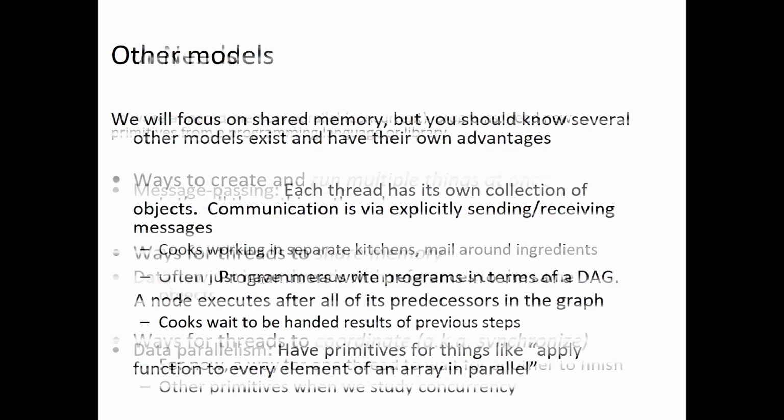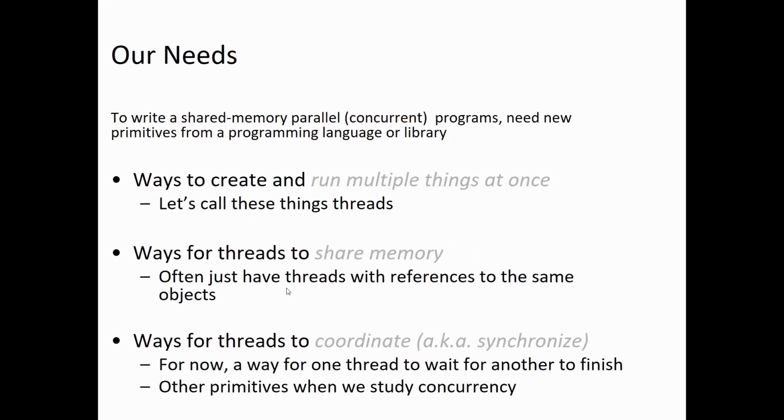So what are the problems, or what are the needs we have to meet? Soon you will notice how we are realizing them in Java. At first we need methods, ways to create and run multiple things at once, and those things are called threads.